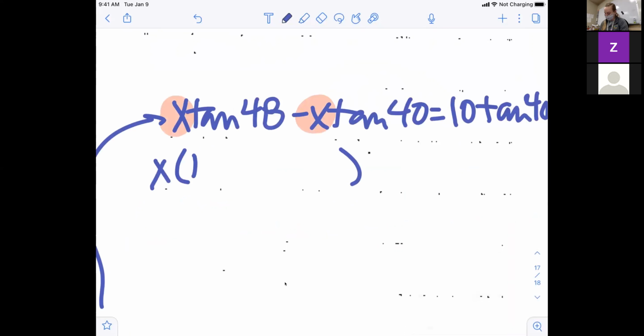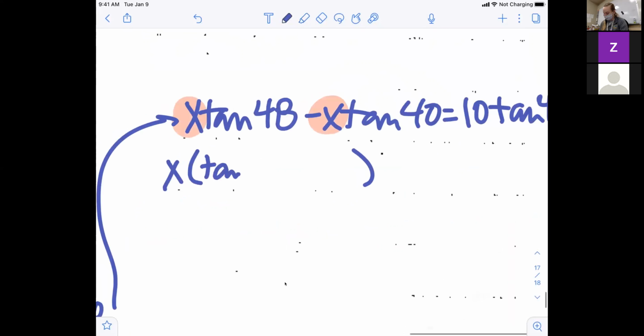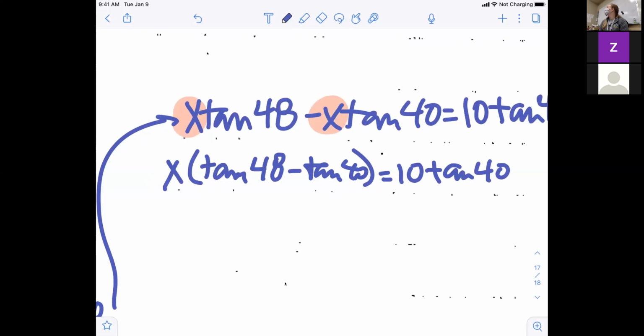Good, tan 48 minus tan of 40 equals 10 tan 40. Cool. At this point, I want to get my calculator out and do tan 48 minus tan of 40, and 10 tan 40, and then we'll eventually divide them.